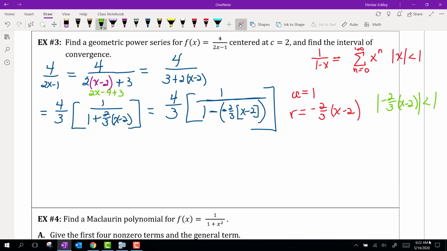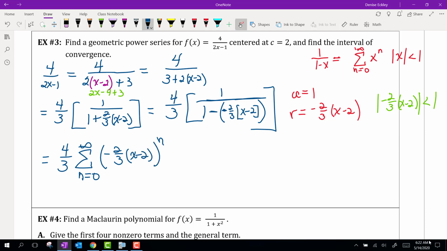So now we can write it in summation form. We have our 4 thirds, and then we have our summation, n equals 0 to infinity. And then we have our r to the n. So that's going to be negative 2 thirds times x minus 2, this whole thing to the n power.